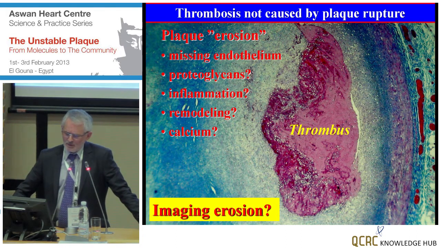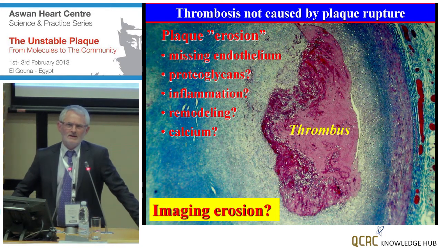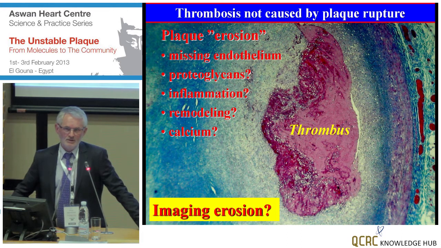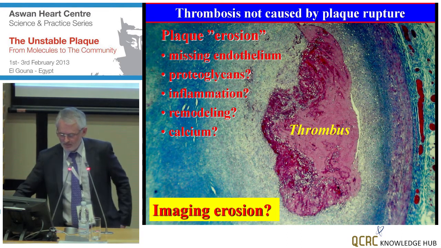The amount of proteoglycans varies. There is more or less inflammation, usually less compared to plaque rupture. These lesions are usually associated with constrictive remodeling, but not always. And there is more or less calcification, usually less compared to ruptured plaque.